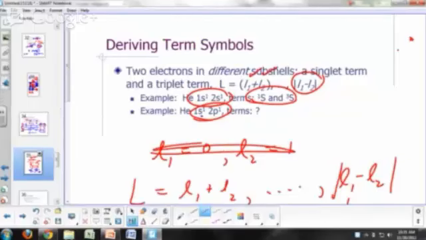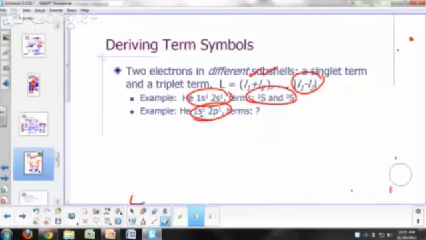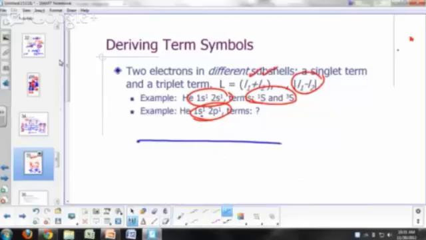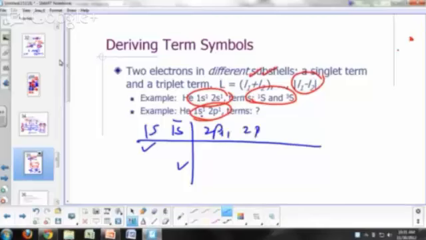Let's go back. One of the electrons is either in the 1s or the 1s bar, right? So there's 2 possibilities there. The other electron is either in the 2p plus 1 or 2p plus 1 bar, or 2p0 or 2p0 bar, or 2p negative 1 or 2p negative 1 bar.